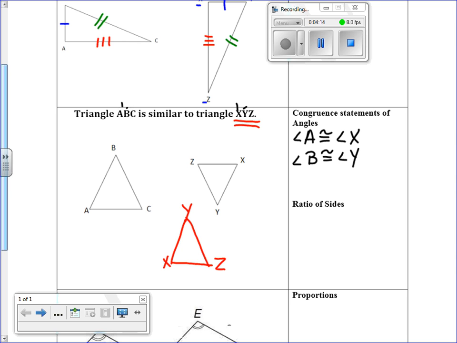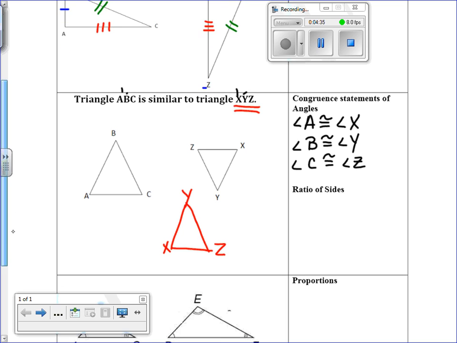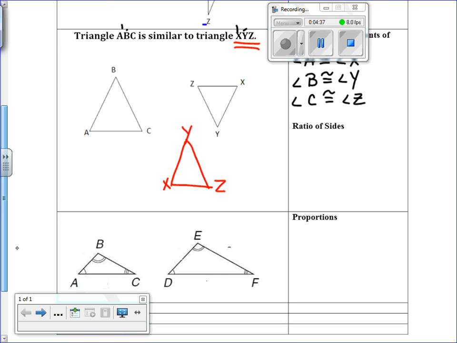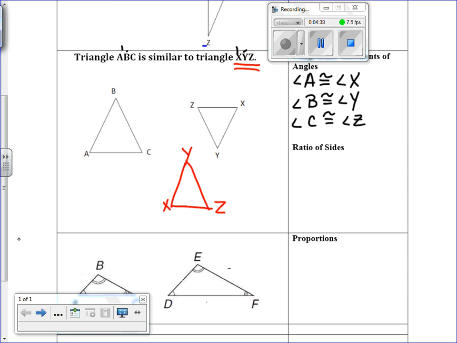And finally, angle C is congruent to angle Z. Those are our three congruent statements about the angles. On similar triangles, the angles are perfectly congruent. They're the exact same size. The only difference is that the sides are different.